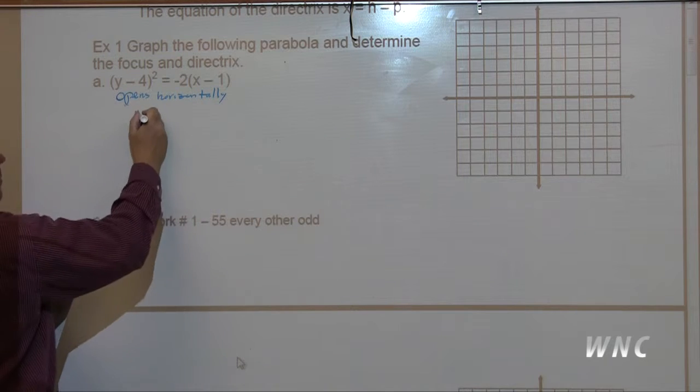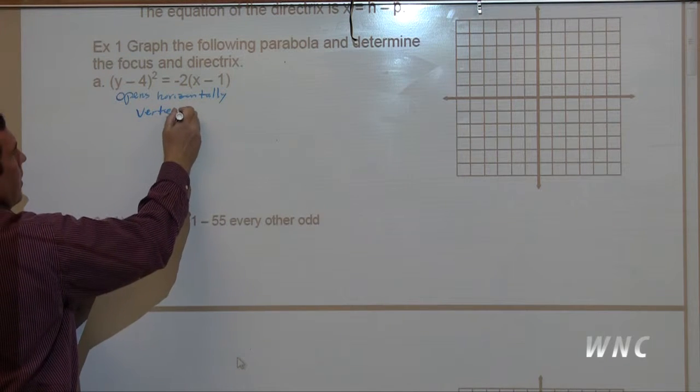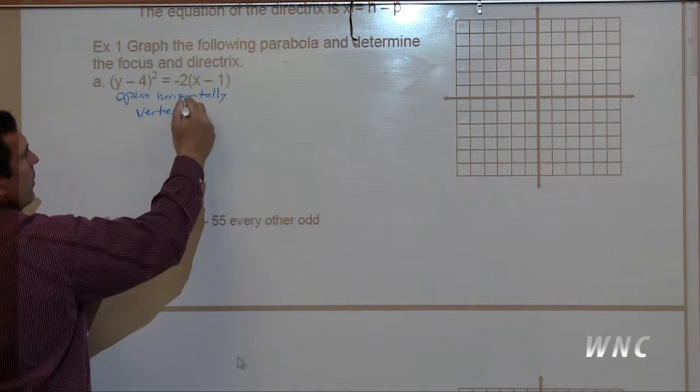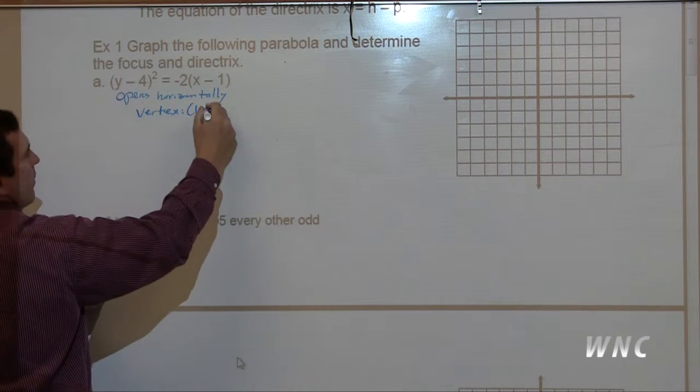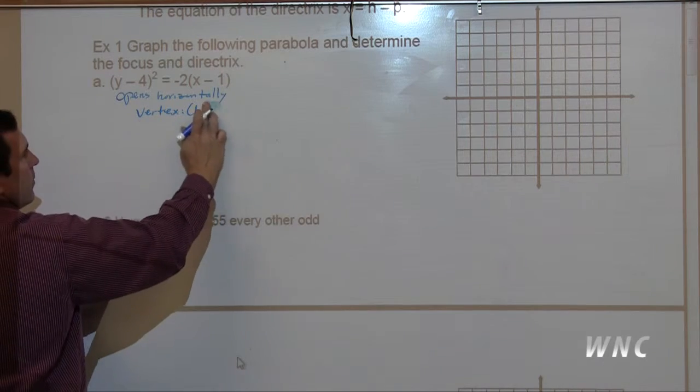Now our vertex is going to be located, our h is 1 and our k is 4, so (1, 4).